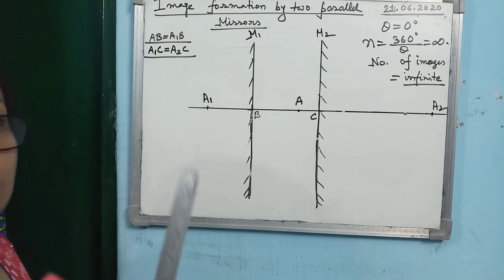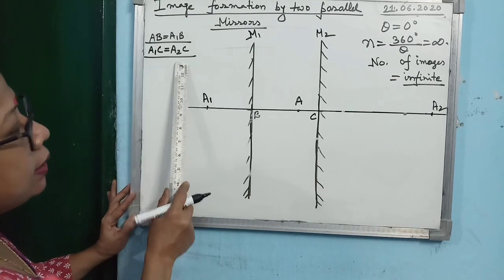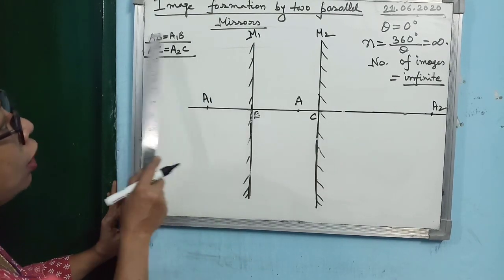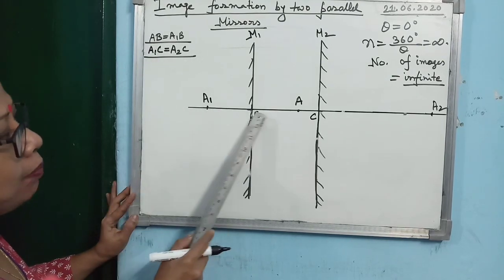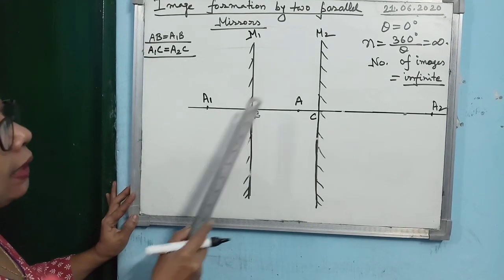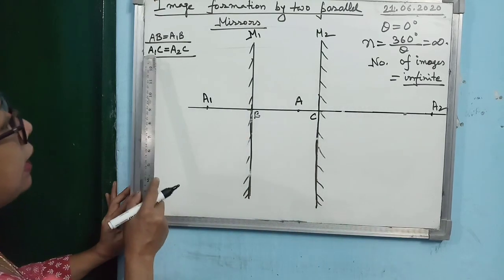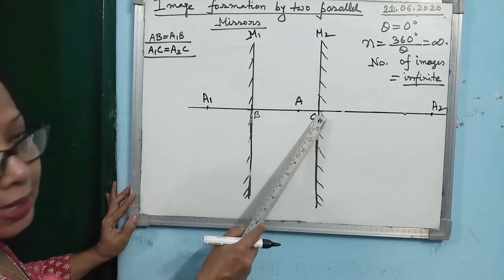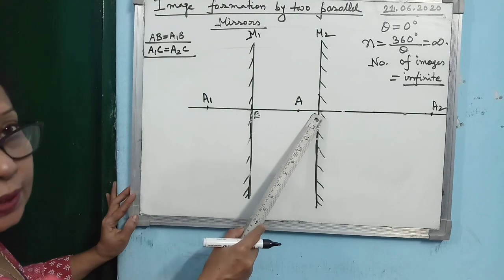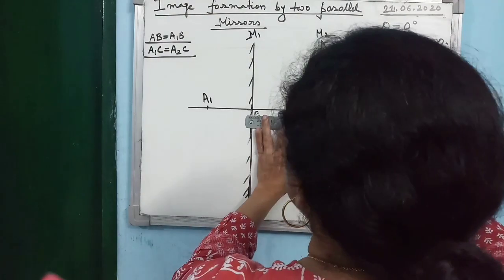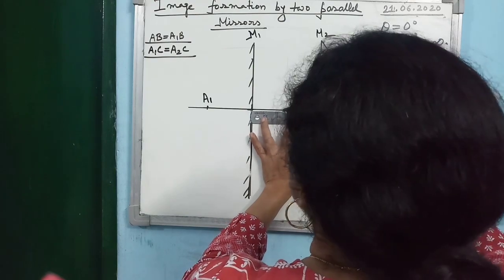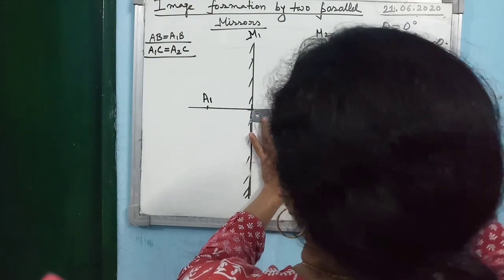Girls, I am reminding you, while drawing the diagram, please follow this measure: mark A1 so that AB equals A1B, then mark A2 so that A1C equals A2C. Is that clear? I think this board is so small, I won't be able to draw A3.